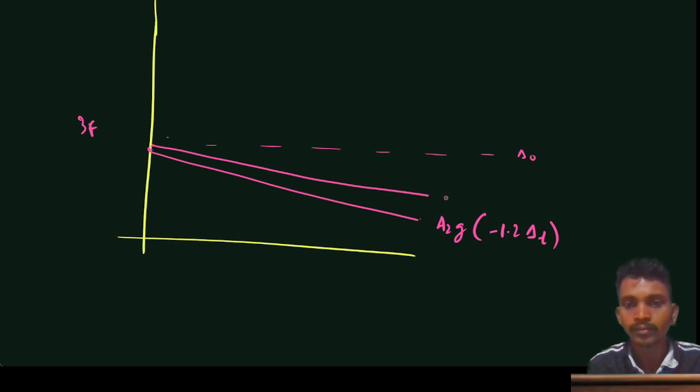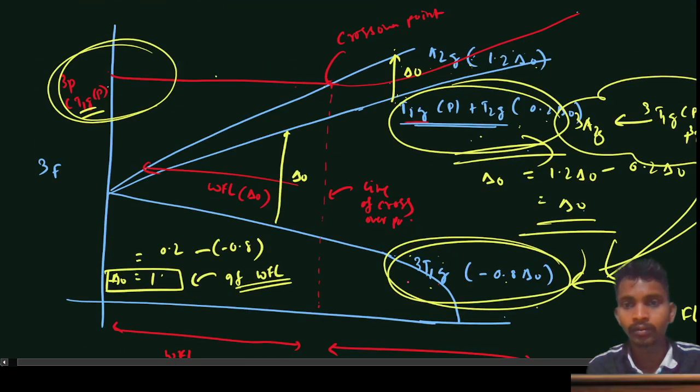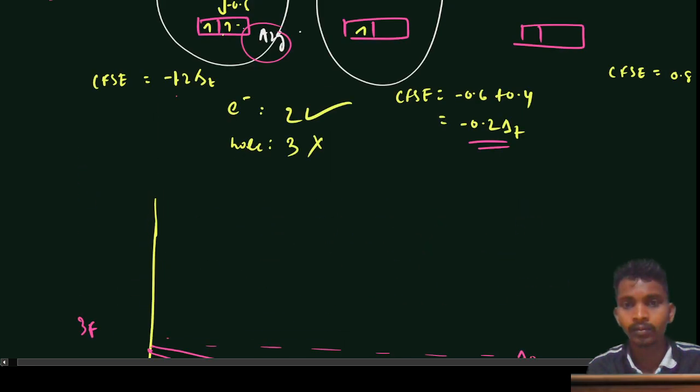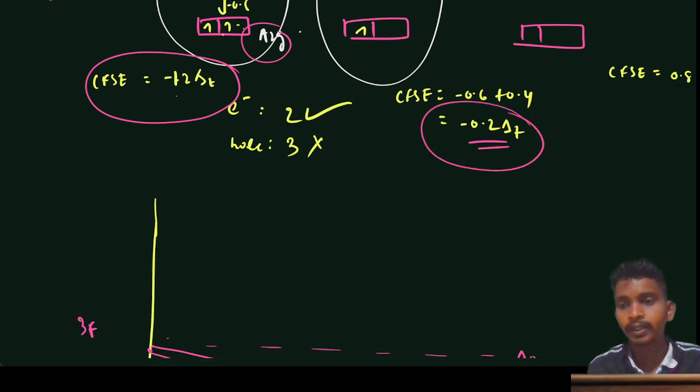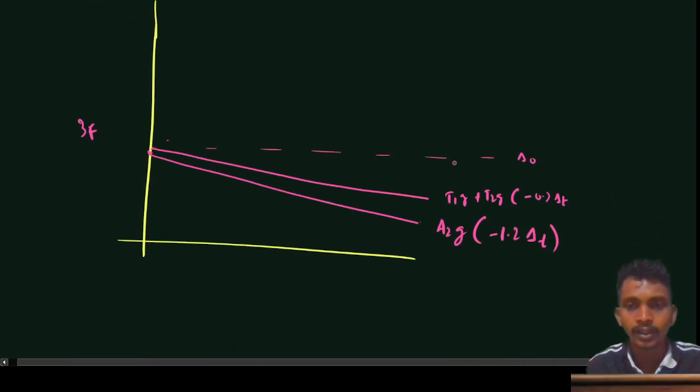This is T1G plus T2G, and that is minus 0.2 delta T, because this is the negative value. The values are 0.2 delta knots, 1.2 delta knots, 0.2 delta knots, and another is 0.8 delta knots. So whenever it is a negative value, always draw below it. Let's say this is the positive, after that is the negative.